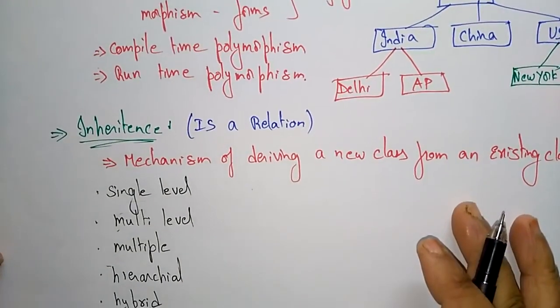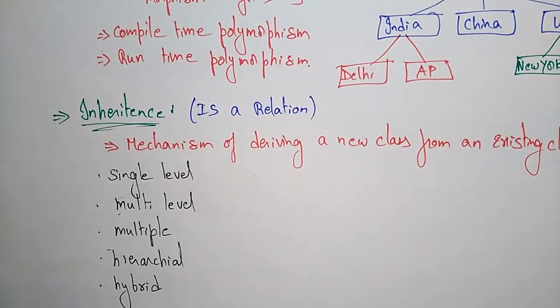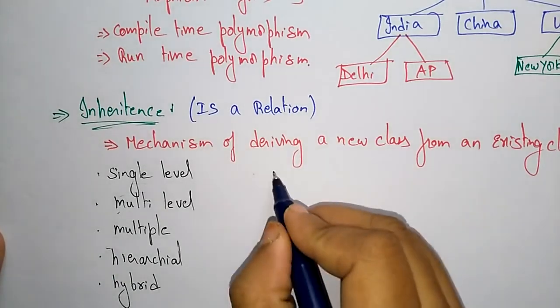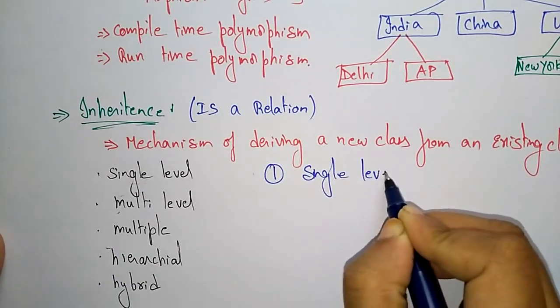So these are the 5 different types of inheritance used while you are writing programs. Let us see them one by one. The first one is single level.